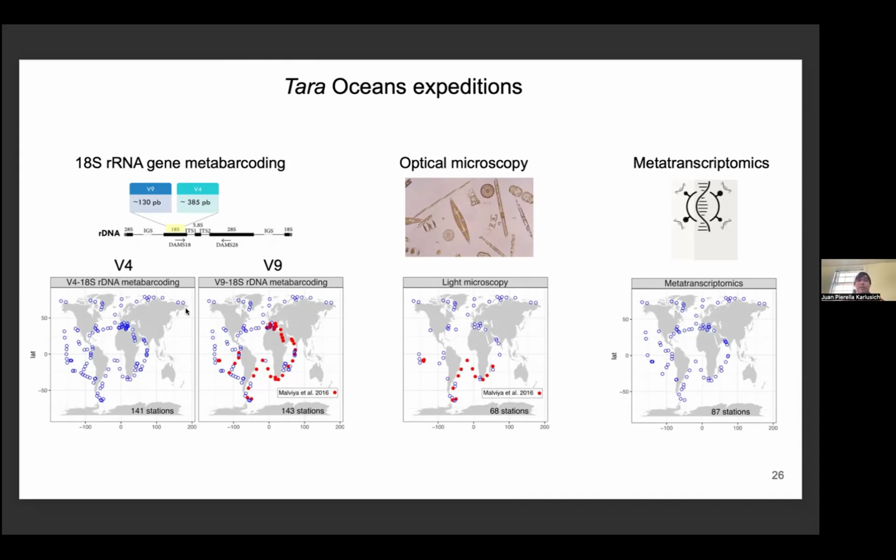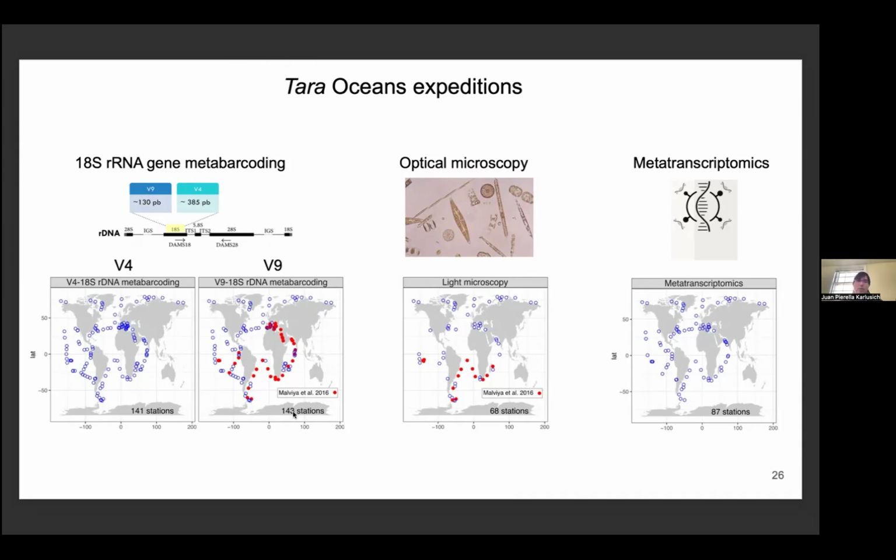The amplified regions themselves are different enough to distinguish different species and genera, and the length of the region should be short enough to be sequenced with the most popular sequencing technology. For example, the V9 region is around 130 base pairs, and the V4 region is around 385 base pairs.